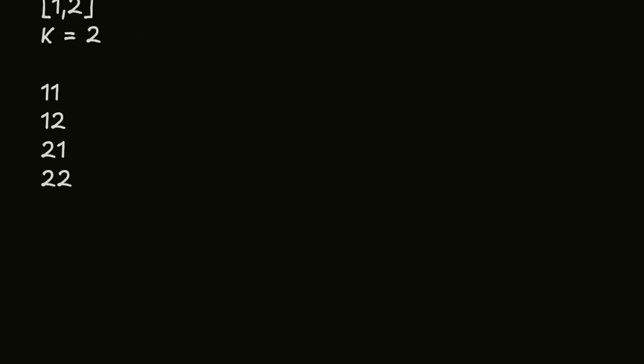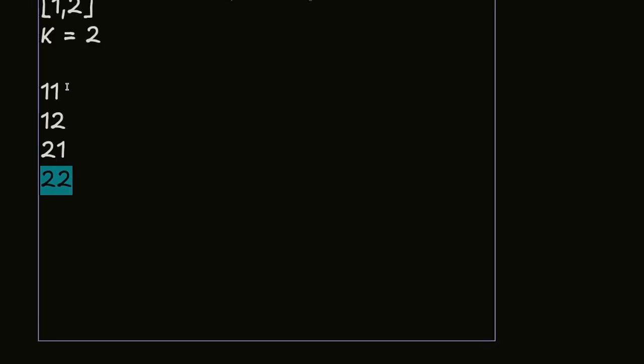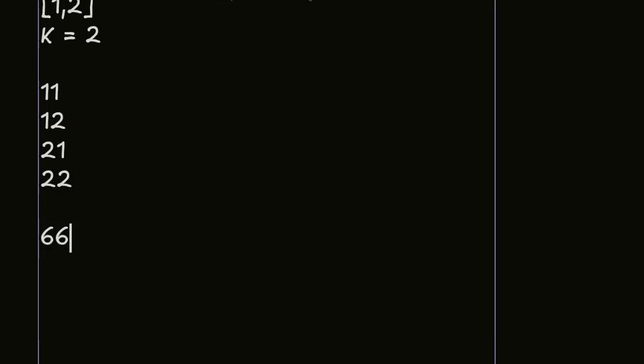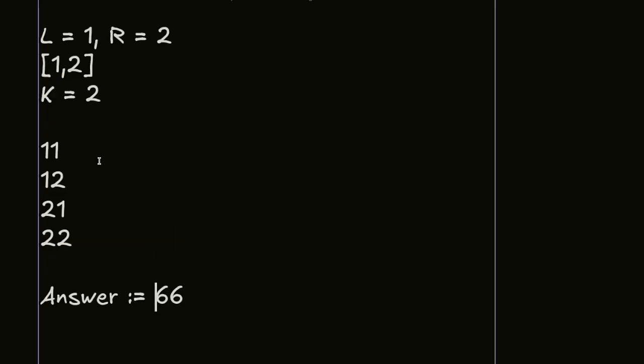And the answer that we are looking for is not the count of it, but the sum of it. So 11 plus 12 plus 21 plus 22 will be 66. This is the total answer they're going to return. Yeah, that's basically the question.